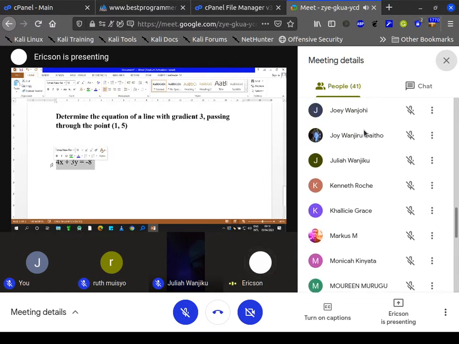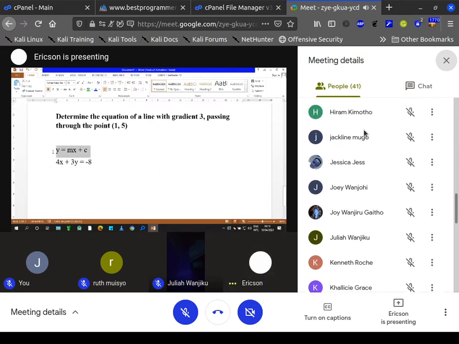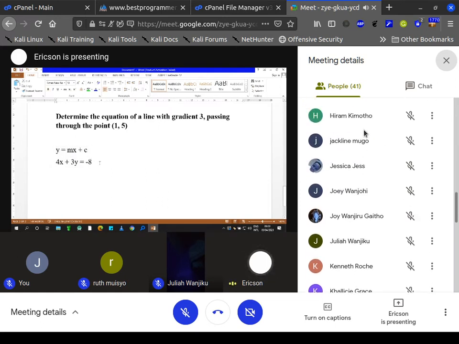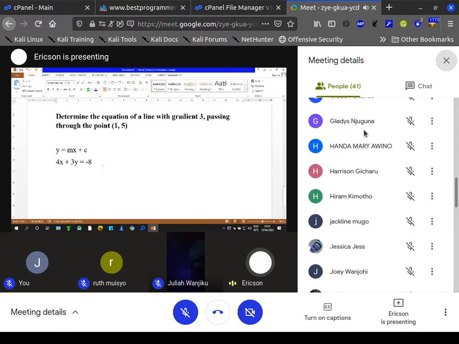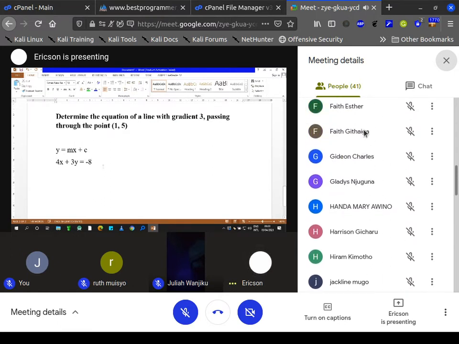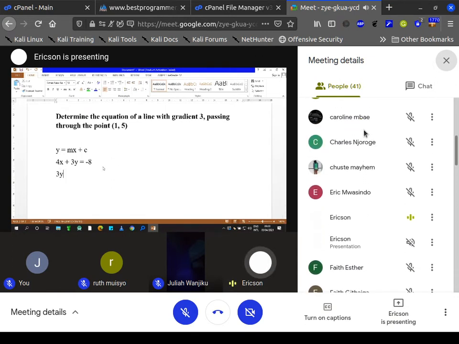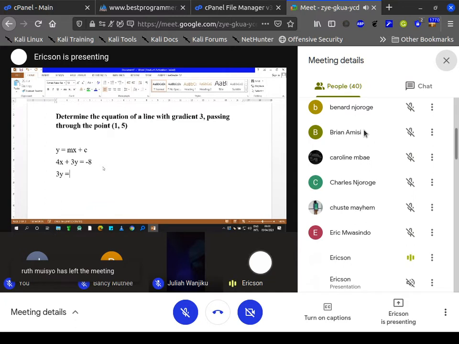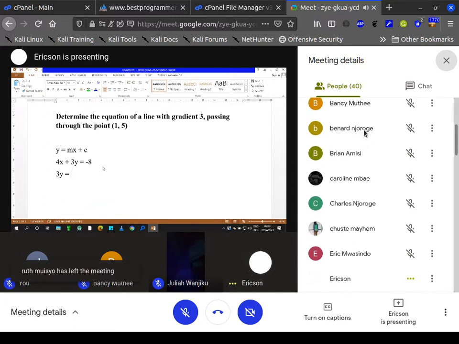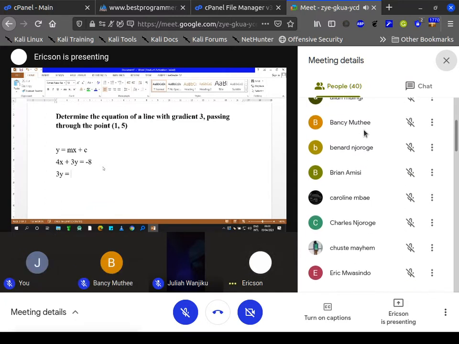So to convert this equation to be in this form, y equal to mx plus c, we'll do it this way. You want to be left with y in your left hand side. So here by saying 3y equal to, we take the 4x to the other side.